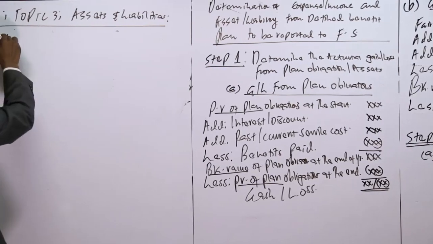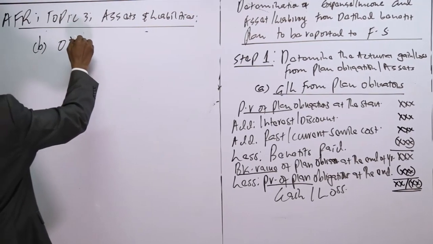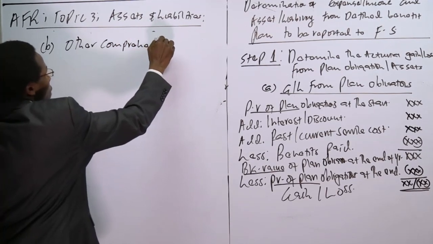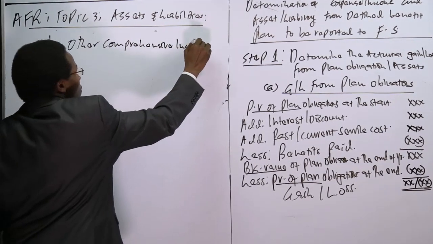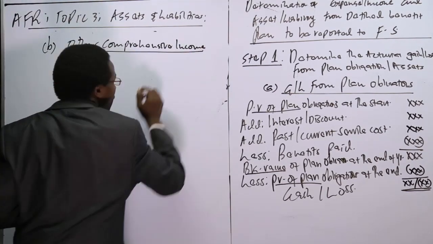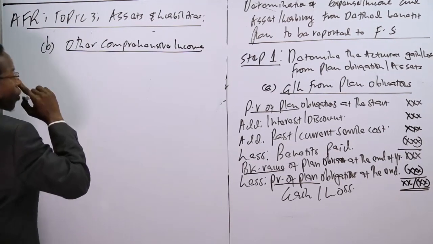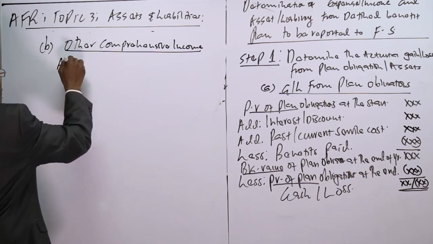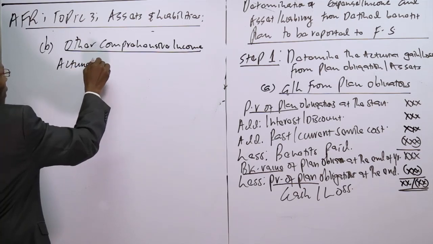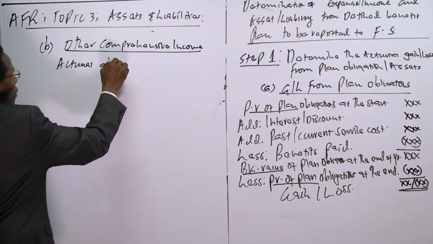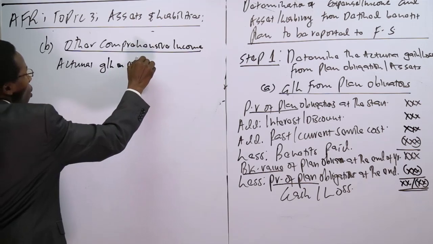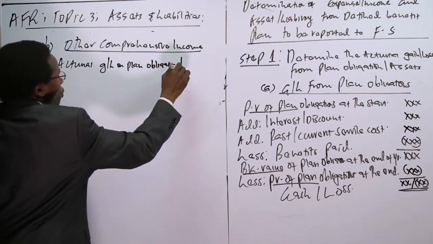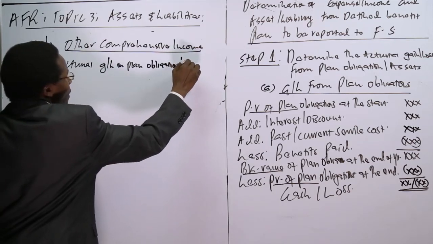We have item B, other comprehensive income. In the other comprehensive income, we are going to recognize the actuarial gain or loss on plan obligations, stroke plan assets.